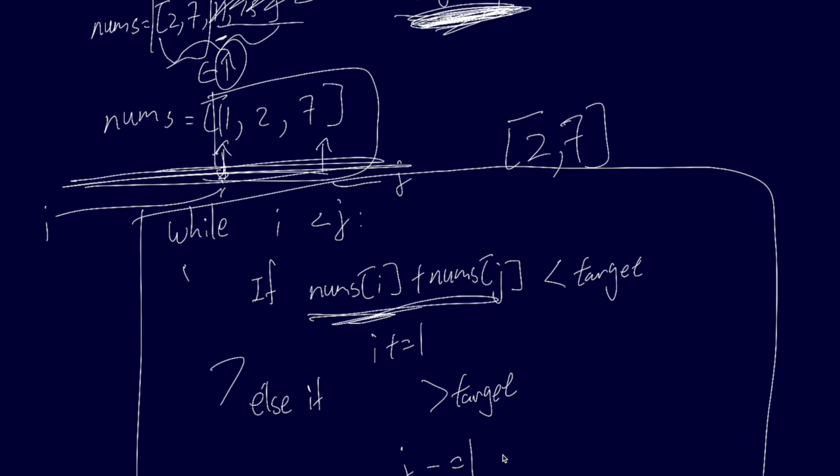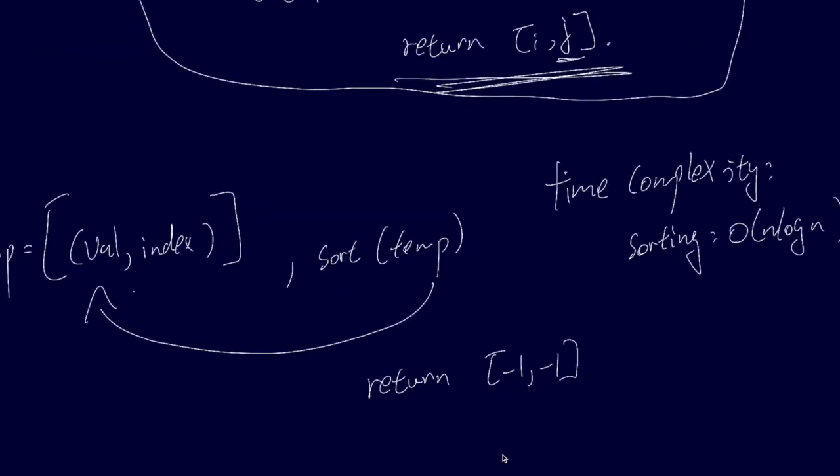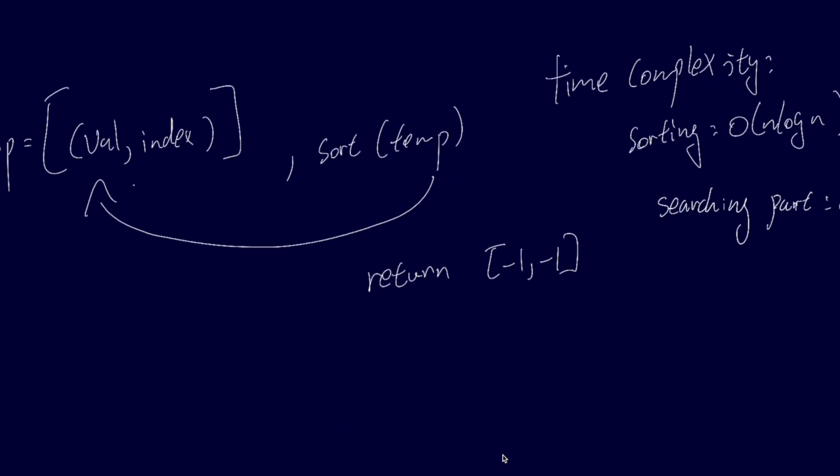And they never cross each other. That means we never check the same element twice. Therefore, the searching part is going to be O of n. So overall, it's going to be n log n, because this has a higher order.